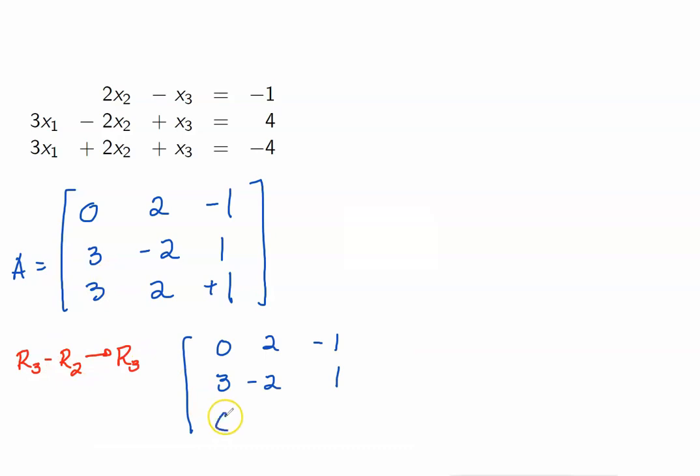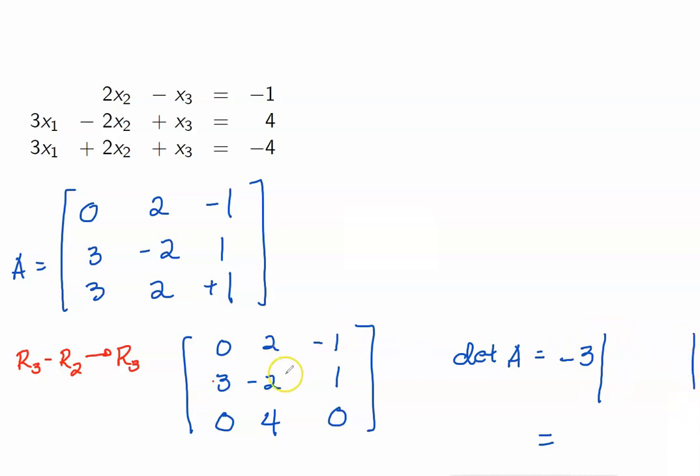We will have 0, 4, 0. And take note that it was just a replacement row operation, so the determinant of these two matrices will not get changed. We now get the cofactor expansion along the first column. This determinant is equal to plus minus, we have negative of 3, and then multiply with the determinant that will result when we remove this row and this column.